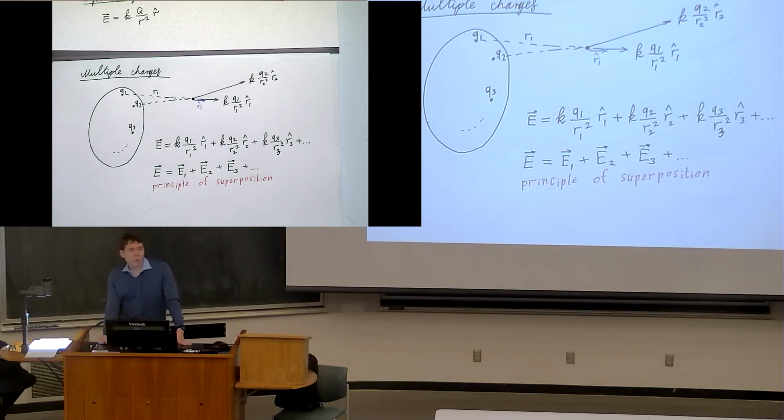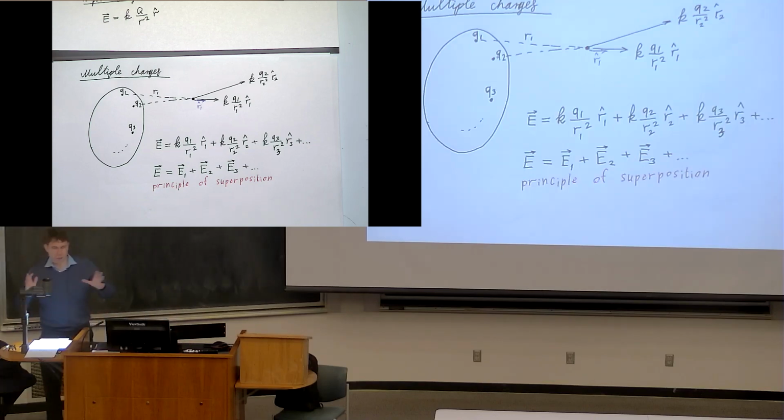Well, all that brings us to the question of how we visualize electric fields around charged objects. Because we see that electric fields around the same object are different at different points.